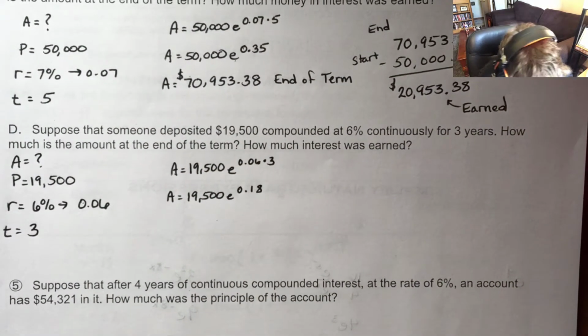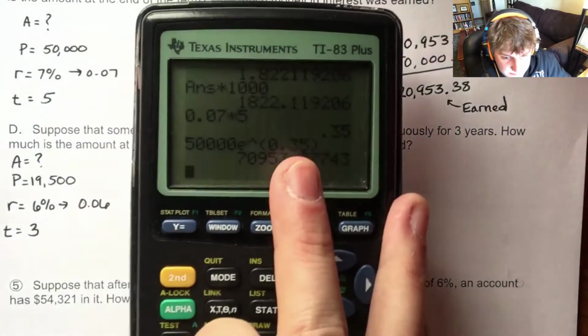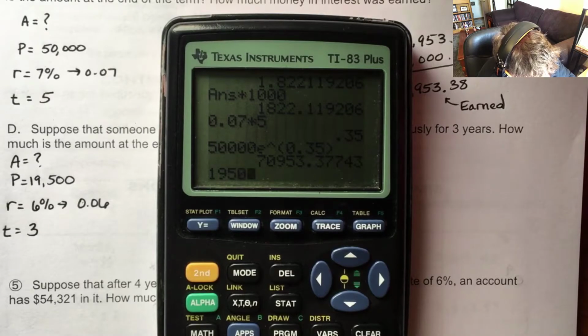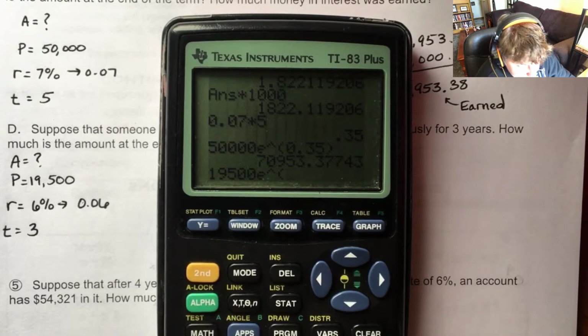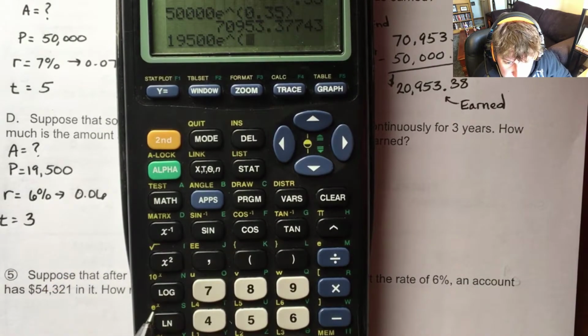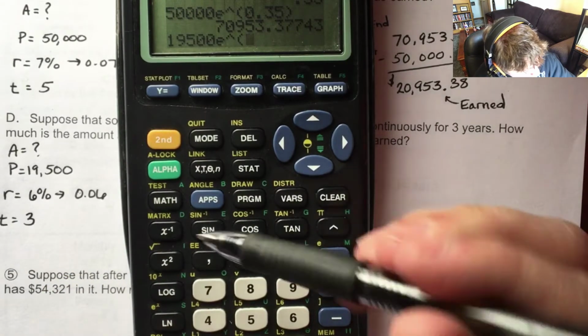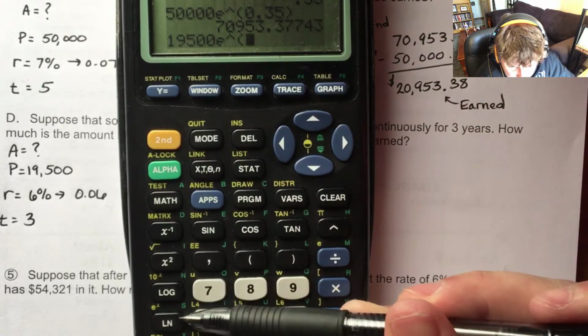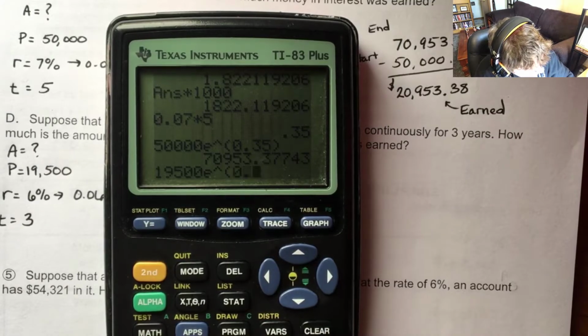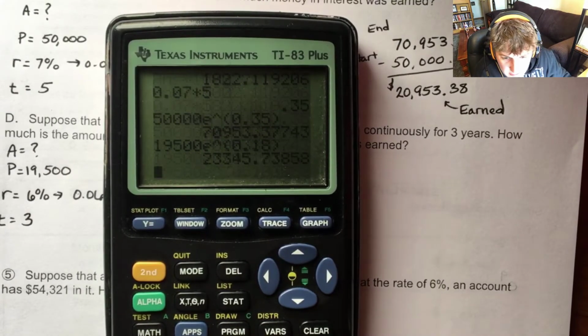So let's go ahead and type this in. 19,500 times E. E, again, is going to be second, and then ln. That will give you the E that I have up here, and 0.18 power.